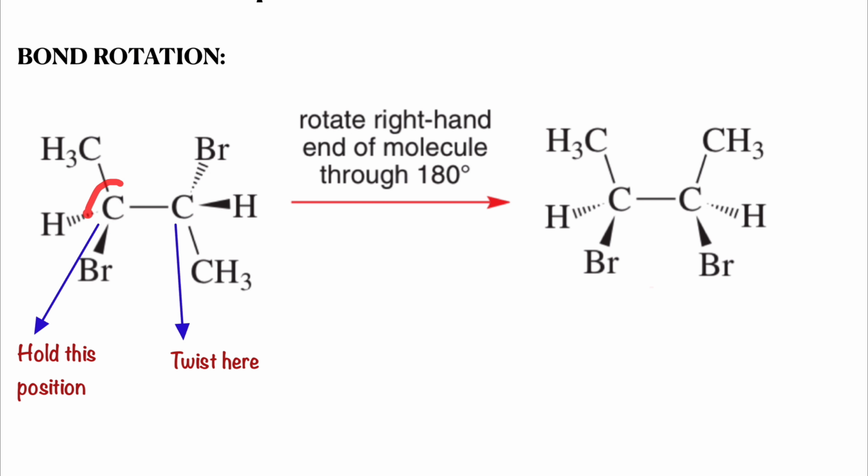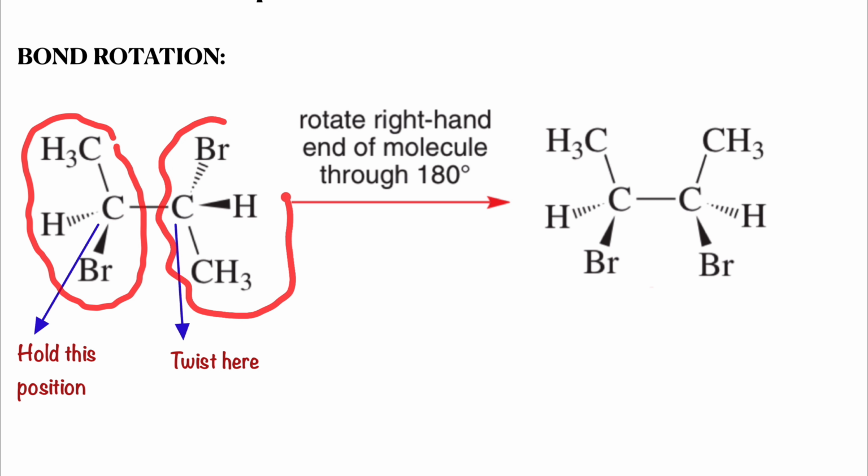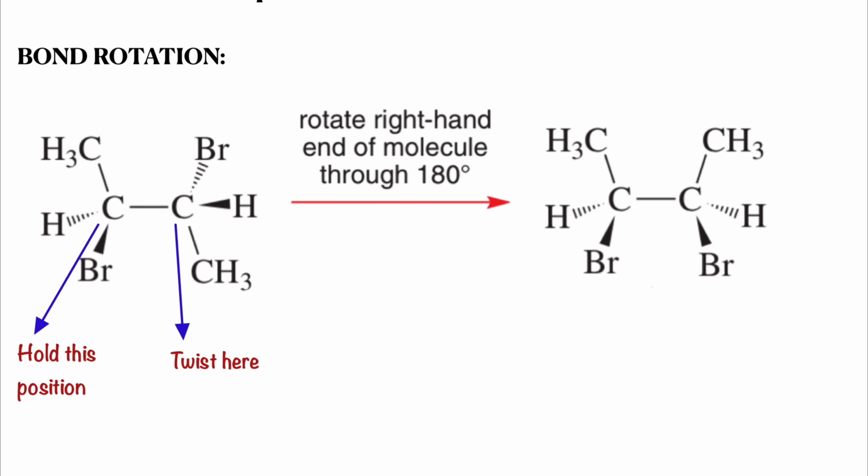So you are holding this position, and around this C-C bond, this part of the molecule is rotated by 180 degrees either in clockwise direction or in anti-clockwise direction. That is your wish. After rotation, since this position is held, there is no change, but here there will be change. Orientation will be different.